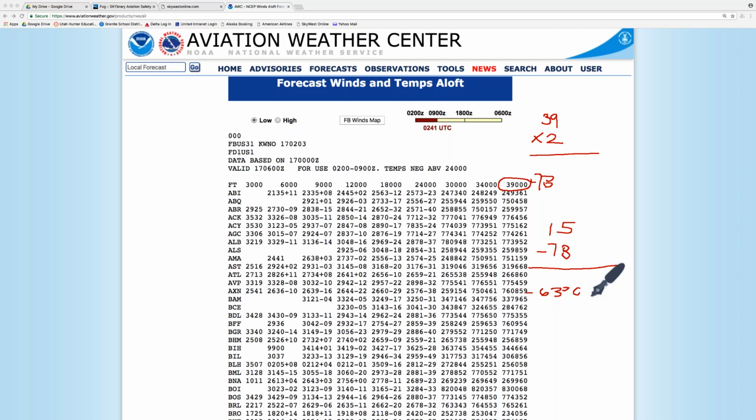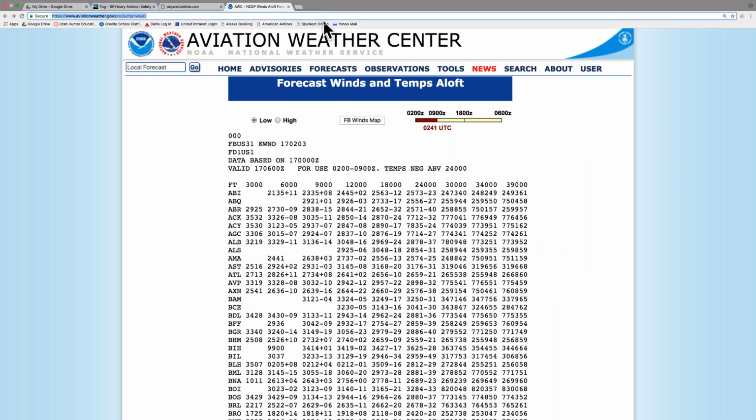Go ahead. I was going to say the address bar in Chrome also does an automatic conversion. If you type in negative 63 Celsius, it automatically spits out the Fahrenheit, by the way. No way. Yep. They built a lot of things into that address bar that you don't know about. There's a ton of things like that. So you're talking about up top here? Yep, right in the address bar.